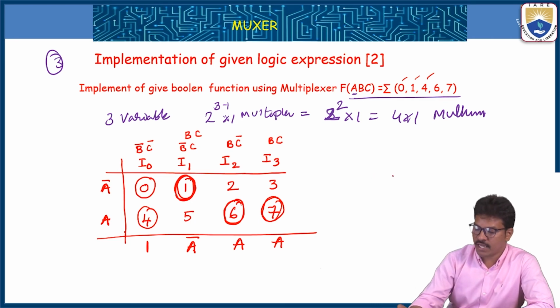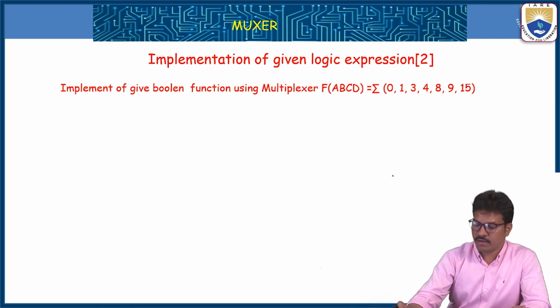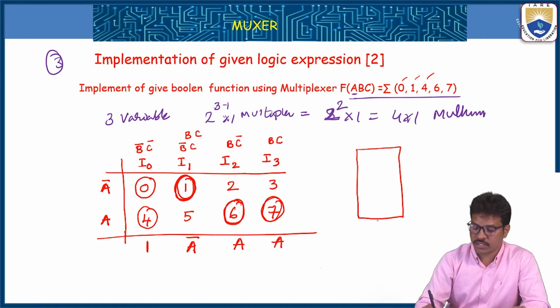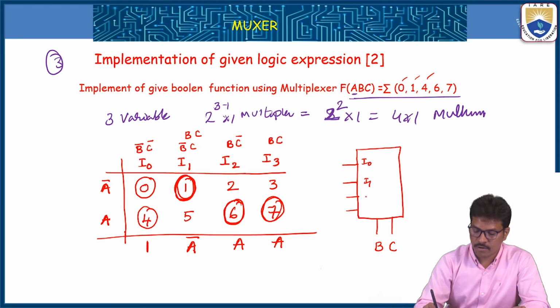If we draw the diagram for this one, a 4x1 multiplexer is implemented for this Boolean function. 2 select inputs B and C, 4 inputs I0, I1, I2, I3.